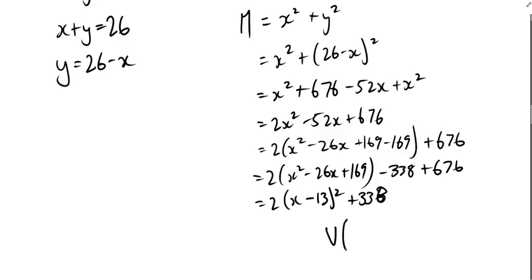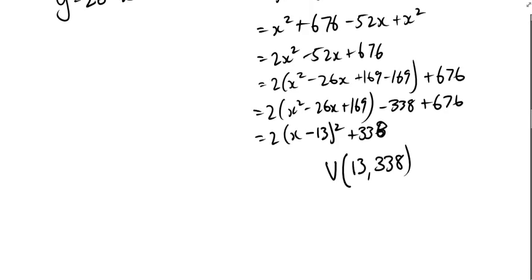So this is what I always do. I always write down the vertex. And it's interesting. In this case, the 338, we don't need that. It doesn't help us. It wasn't asking for the minimum value of the sum of the squares. It was saying what numbers. So this is actually m. It's not y, which is a little bit confusing. Maybe I should use a and b or something.